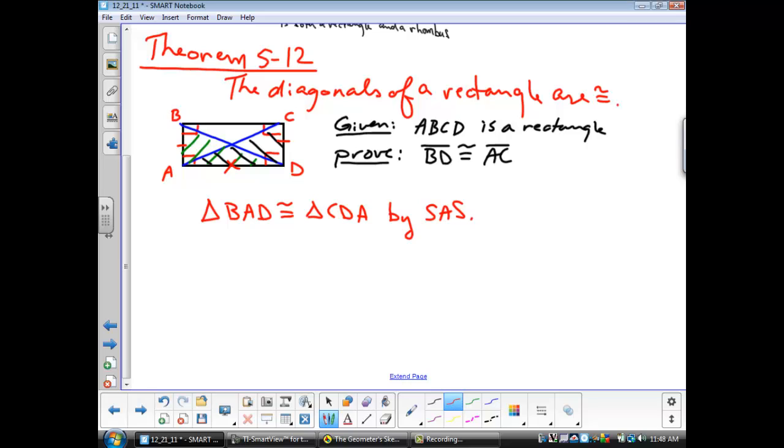So since the triangles are congruent, what allows BD to be congruent to AC? Yes, CPCTC, because corresponding parts of congruent triangles are congruent.